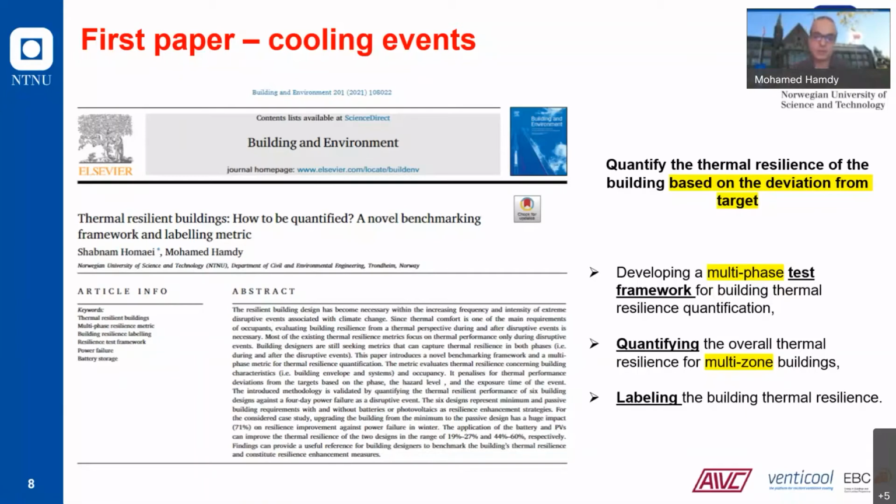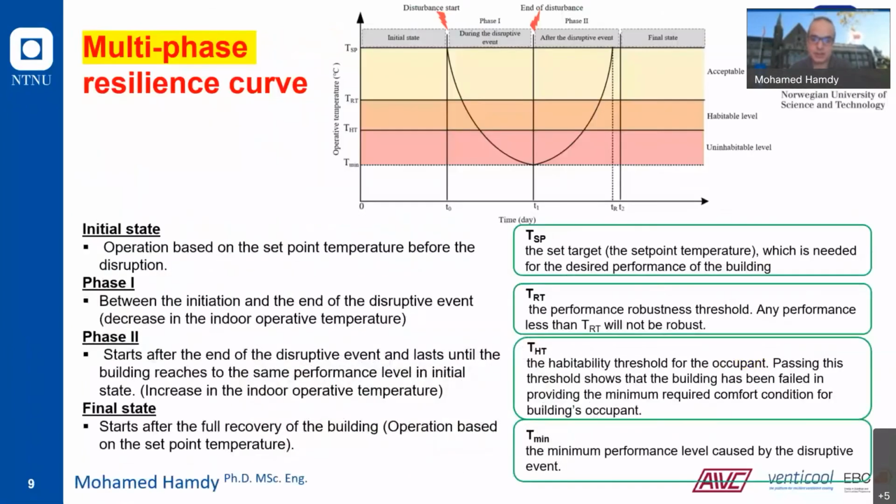We have to consider different zones, and different zones in different buildings have different requirements. Finally, after we have a key performance indicator, we introduced how it can be used to give a label. Like we have an energy label system, we also introduce a labeling system for assessing resilience. So in future it can be part of building certificates.